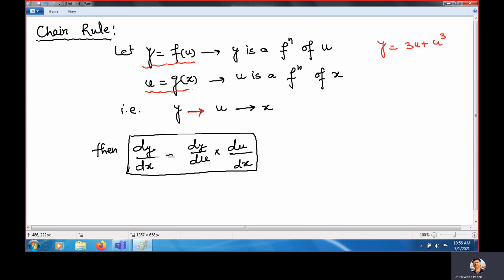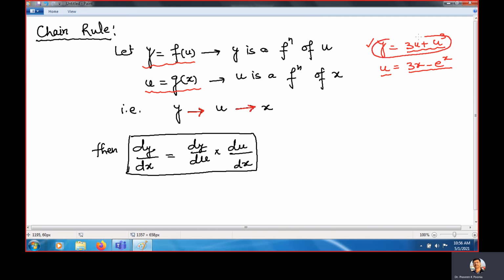And u is a function of x, meaning u is in terms of x only, like 3x minus e power x. So y has the terms of u only and u has the terms of x only. That is, y is a function of u and u is a function of x.